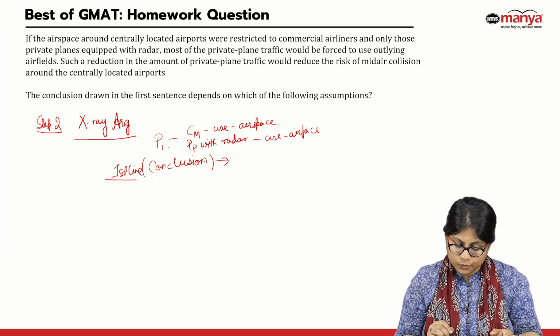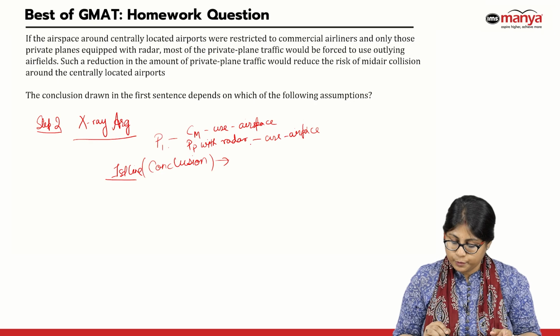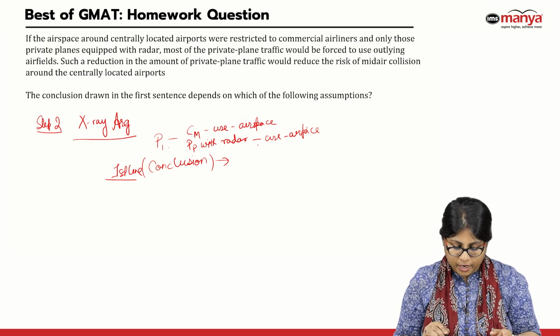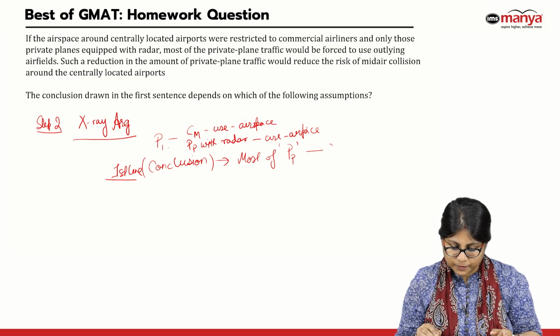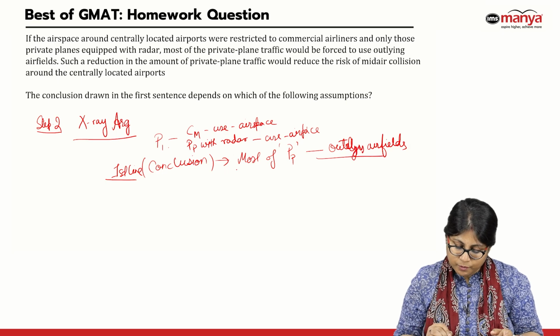In that case, what would happen? Most of the private plane traffic would be forced to use outlying airfields. So outlying airfields would be used by most of the private planes.